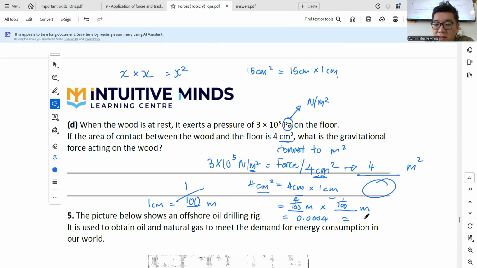It's also 4 divided by 10000. 100 times 100 is 10,000.